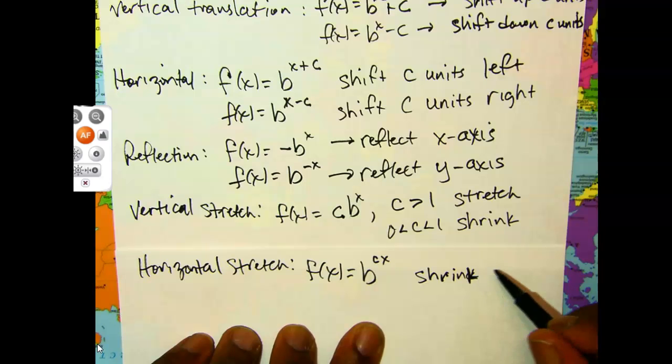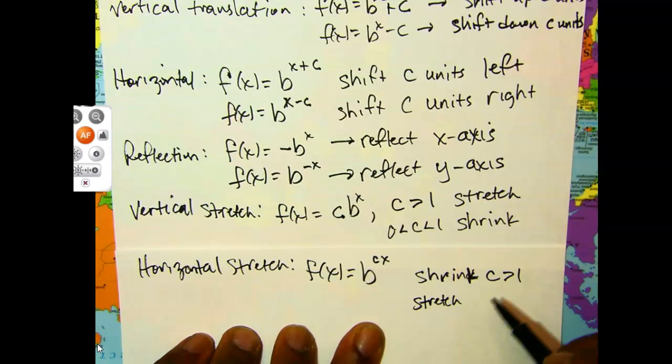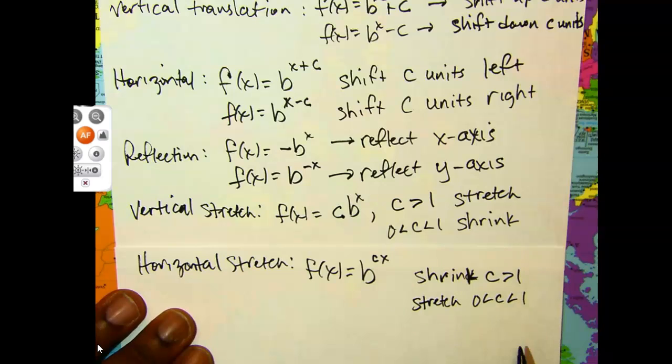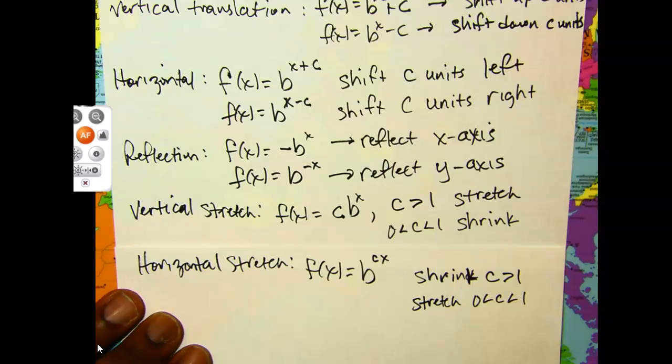So you have a shrink if c is greater than 1, and a stretch for c between 0 and 1. Okay. So remember, we say between 0 and 1 because if c is negative, that will not only be a shrink or a stretch, but it's going to be a reflection over the y-axis. Okay. So that's why we identify our c as being between 0 and 1 and greater than 1.